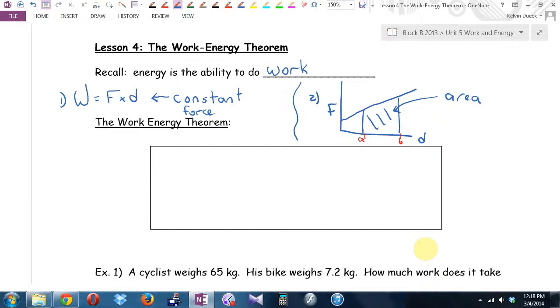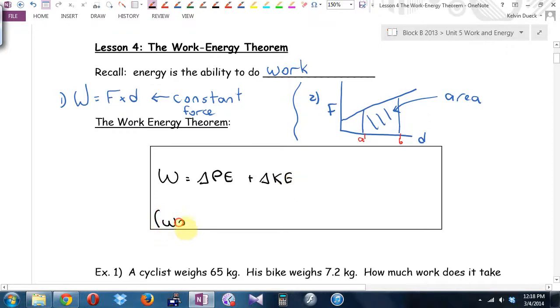The work energy theorem, the third definition of work, says this. Work is equal to the change in potential energy plus the change in kinetic energy. That's really the work done on an object.